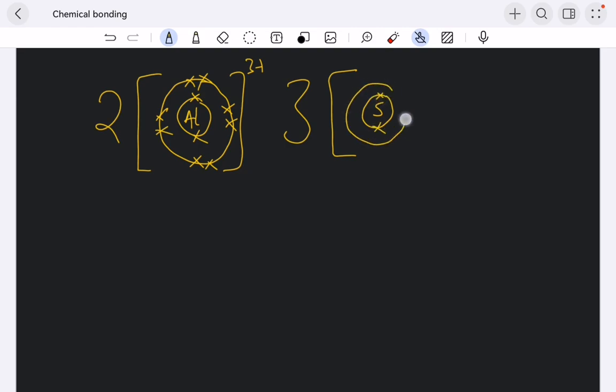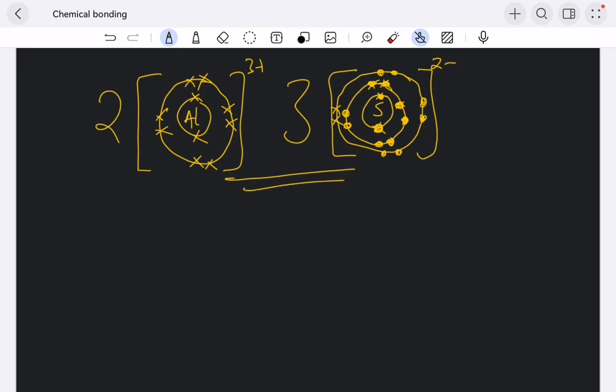Here we're using dots, then the last shell, so sulfur gained 2, then 2 negative. So that is the final structure that we're going to have.